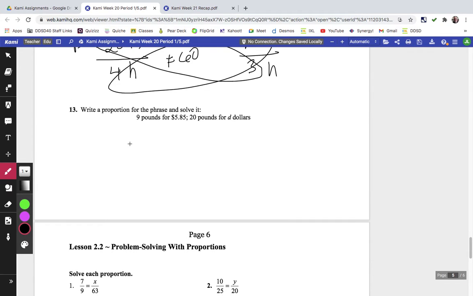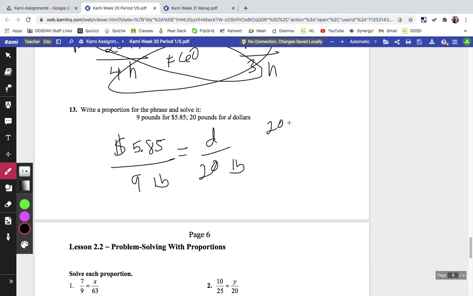Write a proportion for this phrase and solve it. Always put the money on the top. As I'm going to the dollar store, $5.85 for 9 pounds equals, well, how many dollars for 20 pounds? So 20 times 5.85 equals 9 times D. 20 times 5.85 is 117 equals 9D.